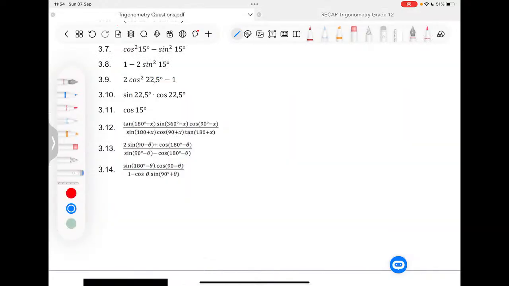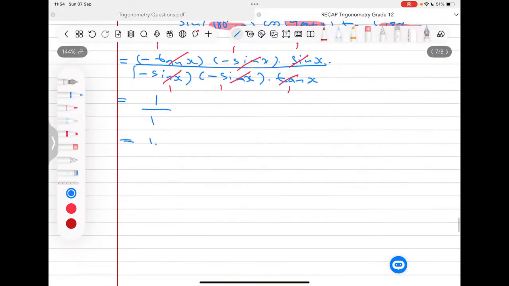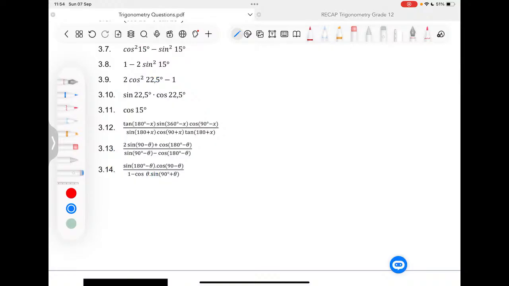Let's see. I think we can also do 3.13 together. Yeah, maybe we can break that together as well. So we are given here 2 sine 90 minus theta plus cos 90 plus theta, right? So we are on 3.13.